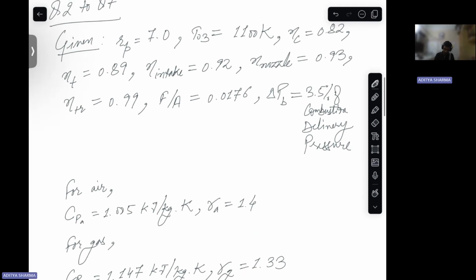But it is given to you that Mach is 0.7. Yes, the first line of the paragraph it is given that Mach is 0.7.